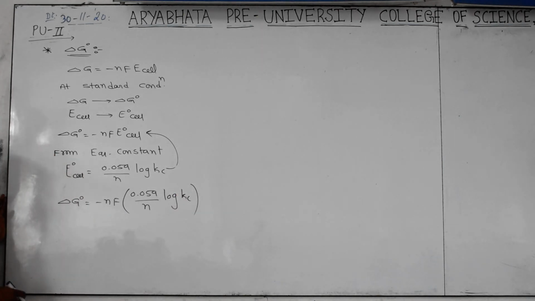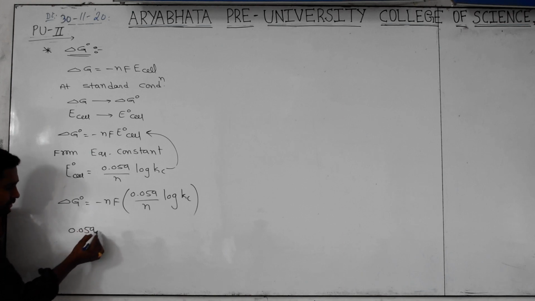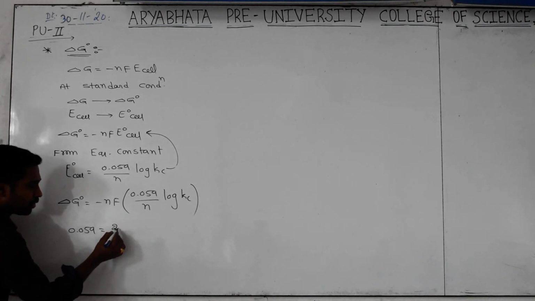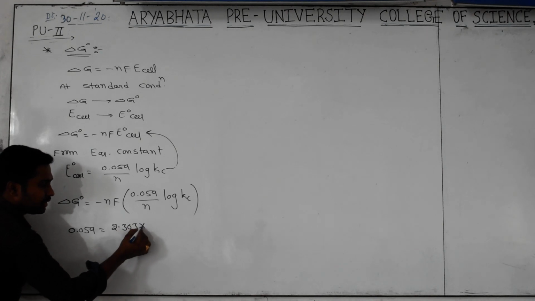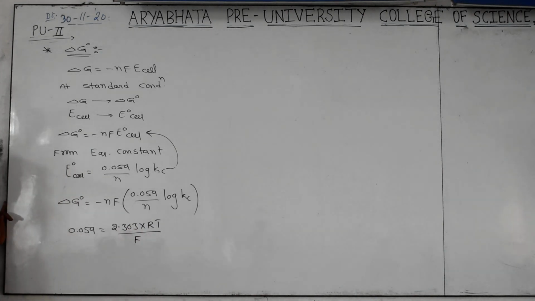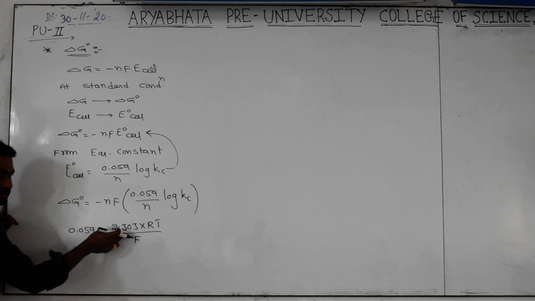But I want to simplify this formula. You know very well, instead of which value did we write 0.059? We wrote 2.303 into RT by F. At electrode potential we initially did this. So instead of 0.059 can we write this value? Yes, right.